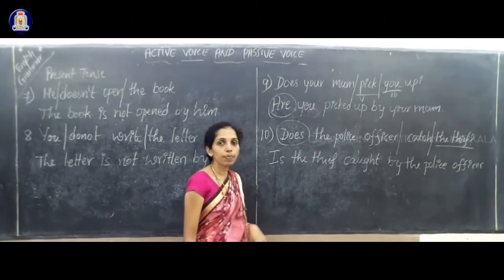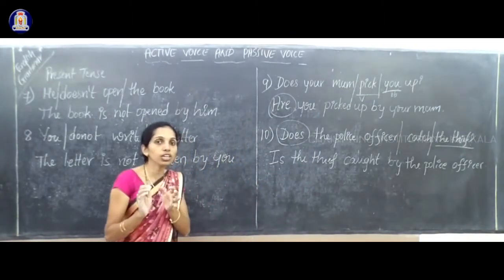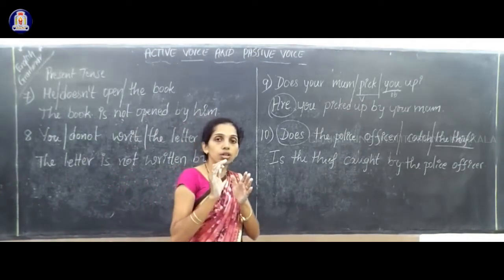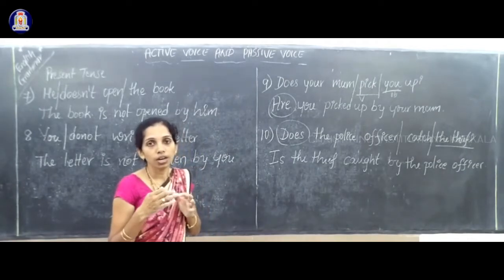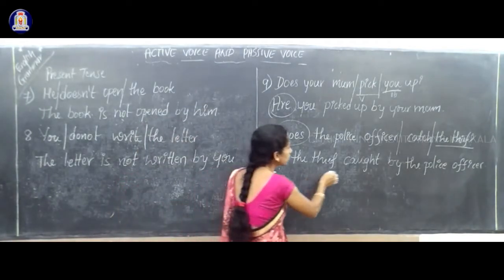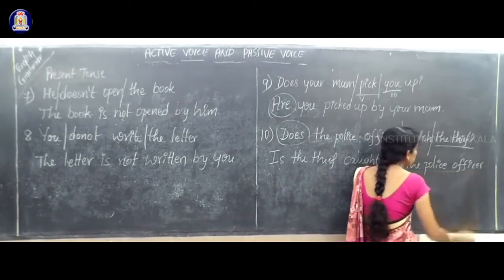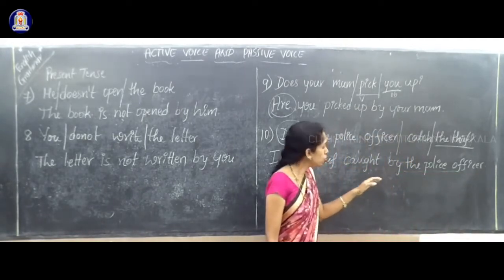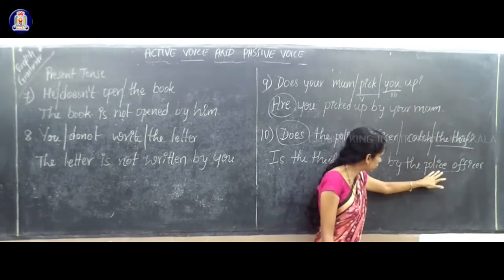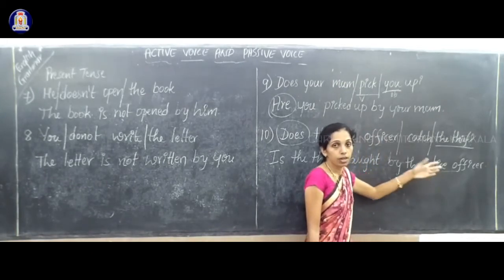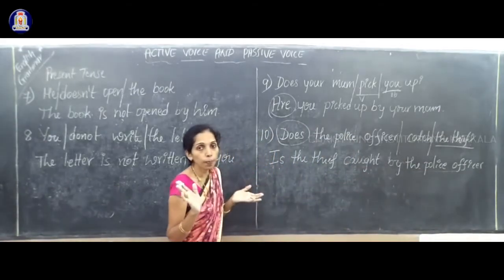In the passive voice, sometimes, particularly, the object we can omit or leave out. For example, is the thief caught? Always the thieves are caught by whom? Police, right? So we can omit this object, but if you write it, there is no mistake.